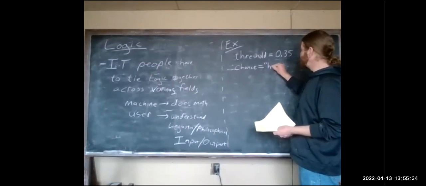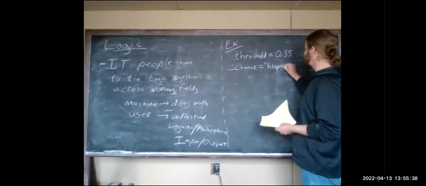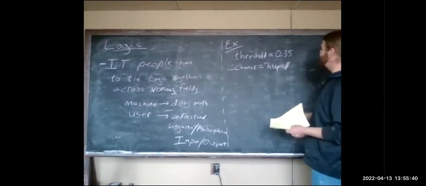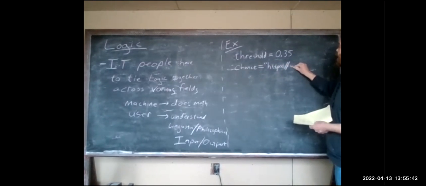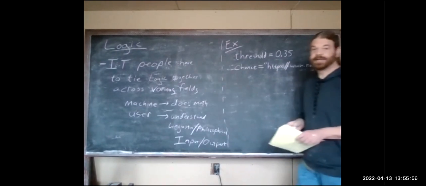We set up another variable called chance. I'm not really sure exactly where to look for this, but I'm quite certain we can go to nws.gov, the National Weather Service, and somewhere on that page is the chance of rain, right?